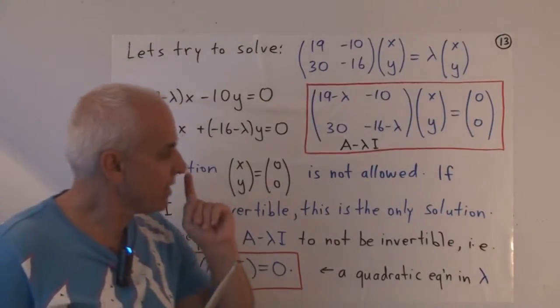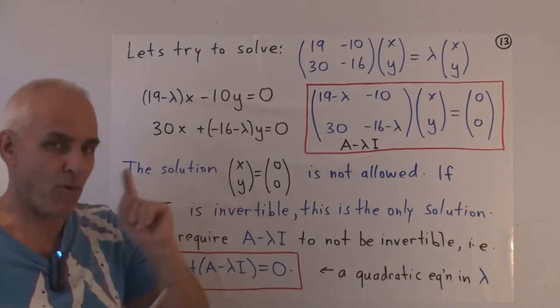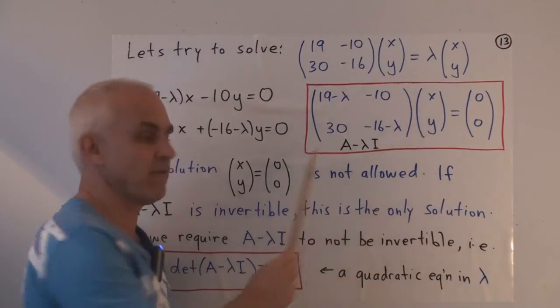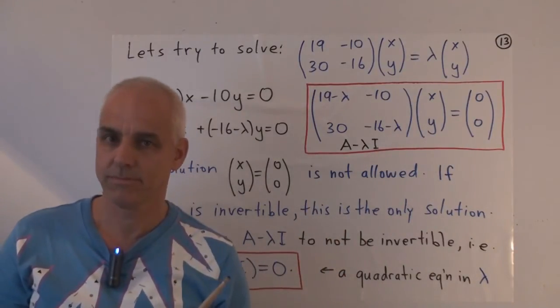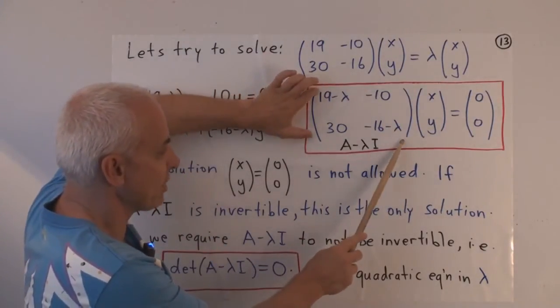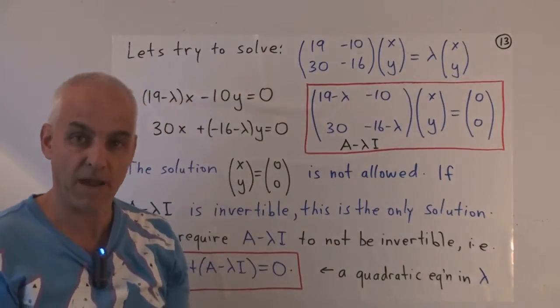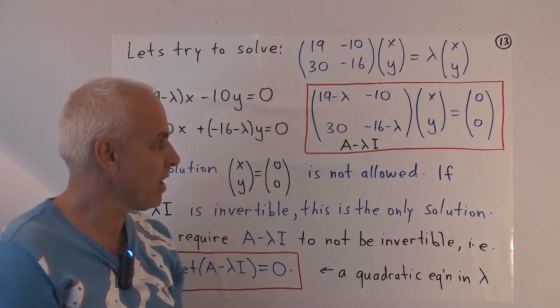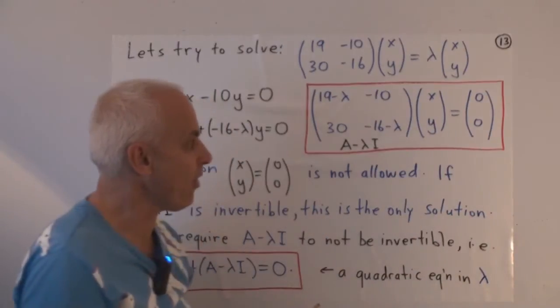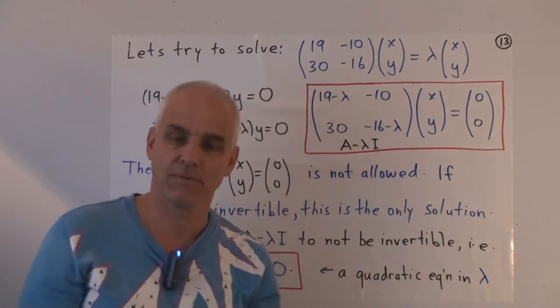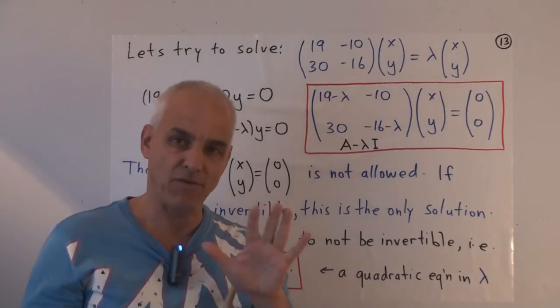All right, now let me make the following important observation. If this matrix is invertible, if it has an inverse, then we could take this equation and multiply both sides by that inverse matrix. And what will we obtain? We would get x y all by itself equals the inverse matrix times 0, 0. Now I don't care what that inverse matrix is.